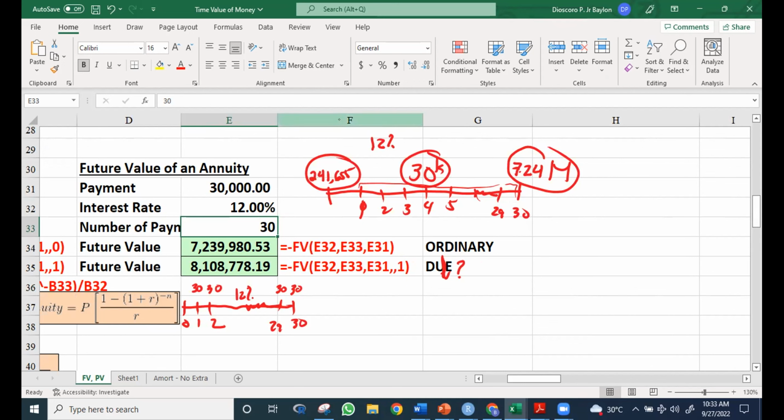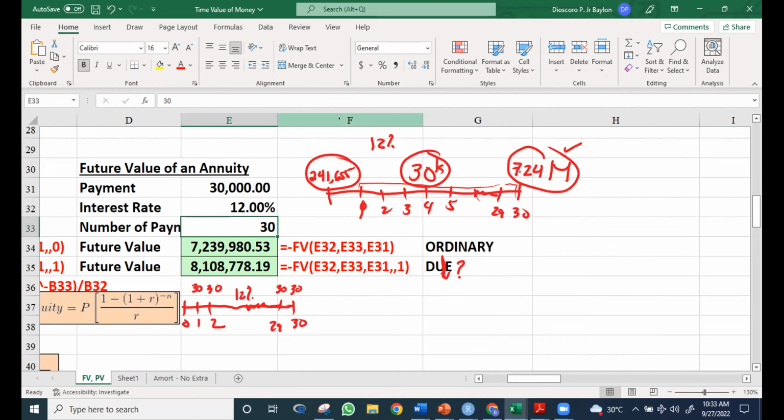If I choose 241,655 now, we're indifferent to an annuity of 30K for the next 30 years, or to getting 7.24 million after 30 years. Why? Because these are all equivalent values, only that they occur at different time frames.